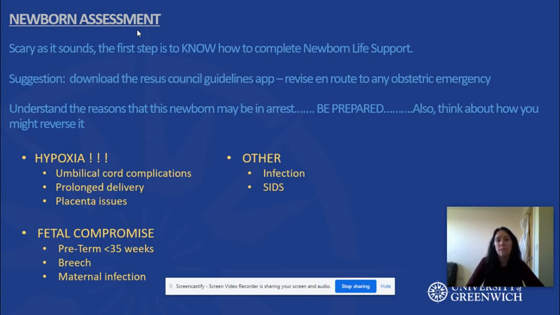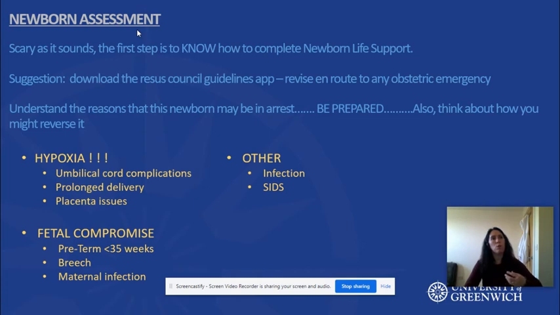And lastly, placenta issues. In the obstetrics session of this module, you will be learning about placenta emergencies, so that would be placenta previa, placenta abruptia. These conditions are when the placenta comes away from the lining and you get bleeding. So it's either concealed bleeding or it's actually PV bleeding. Either way, if the mother is losing a lot of blood, the child is going to get less oxygenation because there's not enough oxygenated blood in the mother to feed the child the oxygen it needs.